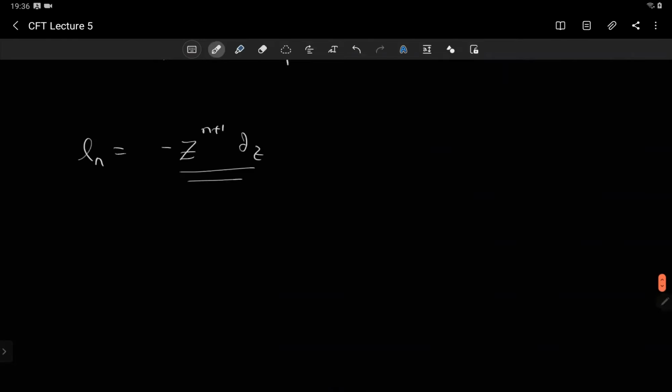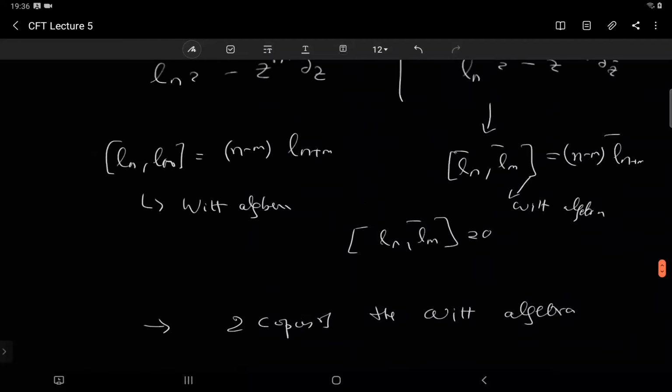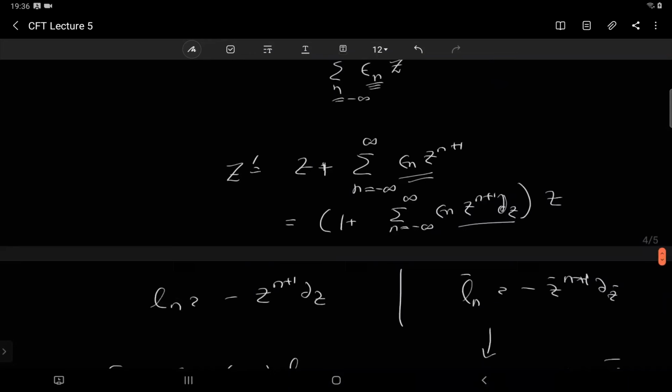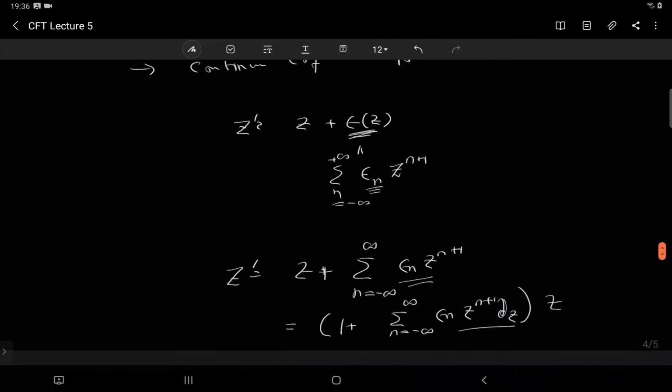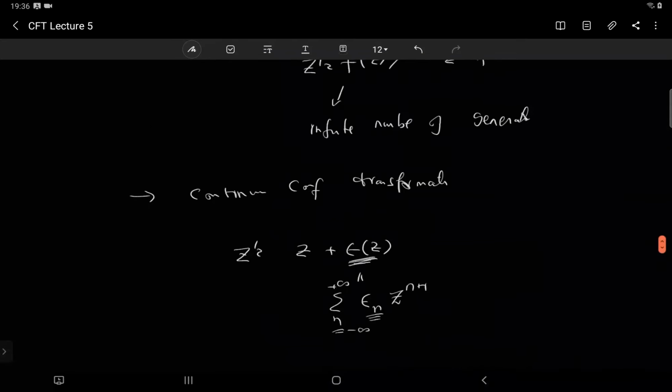Question: what is the difference between the dimension of space-time and the dimension of the algebra? The dimension of space-time means how many coordinates there are. In this case it is 2; in higher dimensions it will be d.